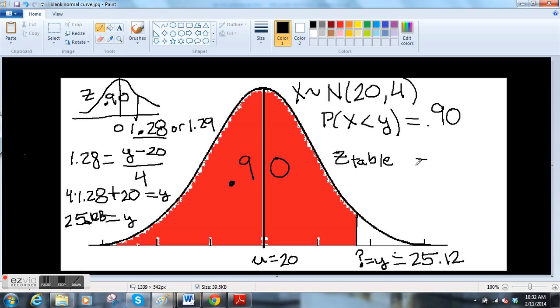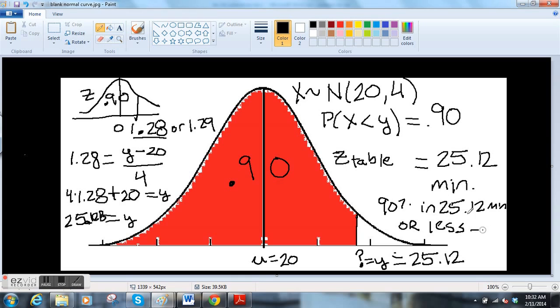So the 90th percentile is 25.12 minutes. So what this is saying is that 90% of the pizzas are delivered in 25.12 minutes or less. You'll notice that's not 12 seconds because of the scaling.